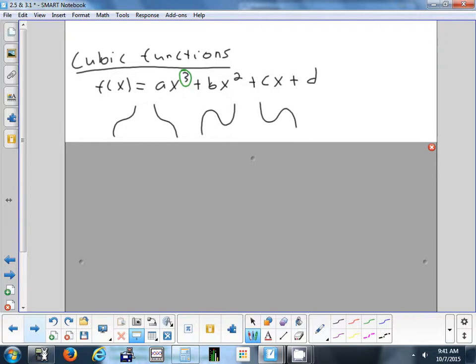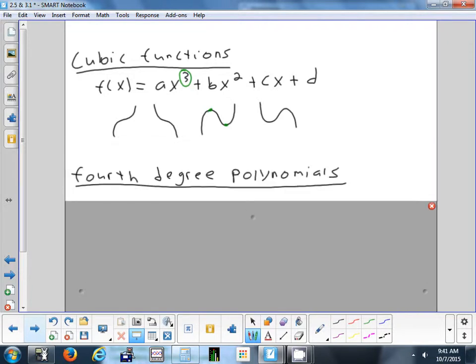If you subtract 1 from it, that's how many turns it can take. So this one takes a turn right here, and another turn right there. Again, that's just how many turns it can take. These first two, it kind of thinks about turning, but then it's like, nope, I'm not going to turn. Just keep going. So 2 is the most number of turns it could take.